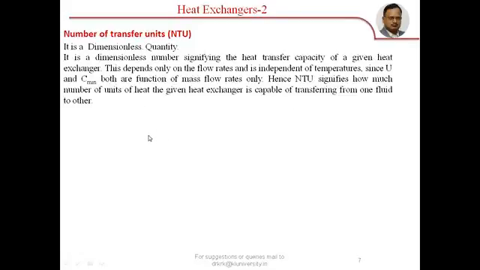If you write the units of it, you will get no units. So hence NTU signifies the number of units of heat exchange between hot fluid and cold fluid, or between these two fluids. How many units of heat? Let us not worry what is the dimension or what is the quantity.